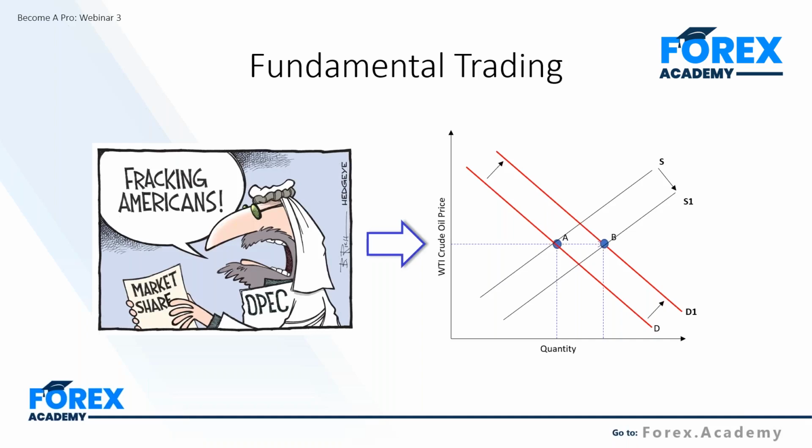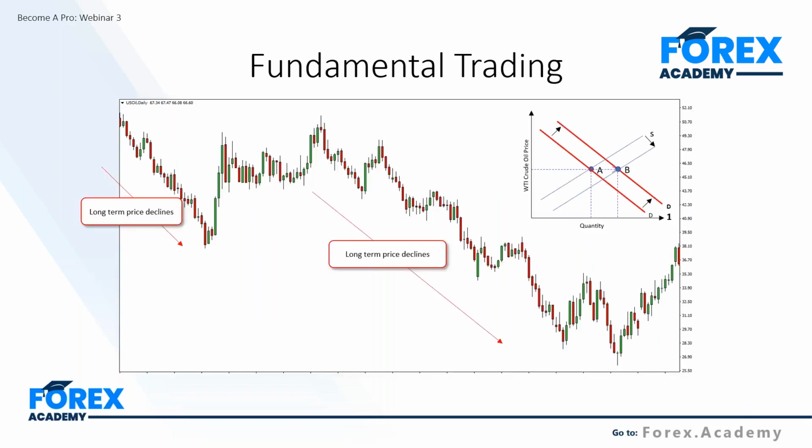So that's something we can look to our fundamental analysis for. I'm looking at this chart, it's trading very strongly to the downside. What is happening in this market? Let's do some fundamental research and see if we can pick a long-term or medium-term trade in this market. What we've effectively seen in the oil market is long-term price declines over several periods.